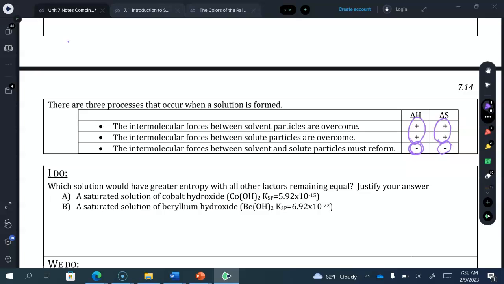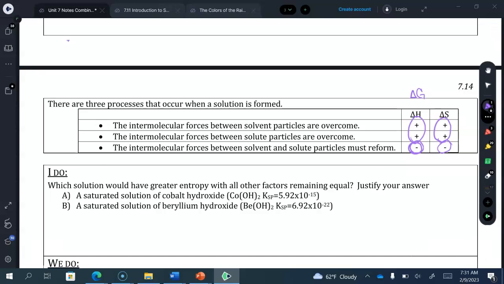There is some organization required because of solute and solvent intermolecular force interactions that makes this one unfavorable. How these all combine together gives us whether or not the Gibbs free energy is positive or negative, and thus the process favorable or unfavorable.